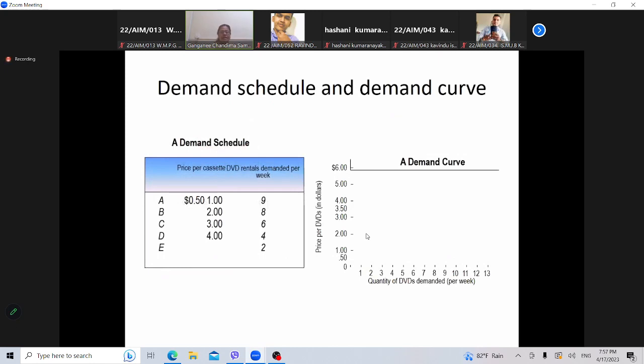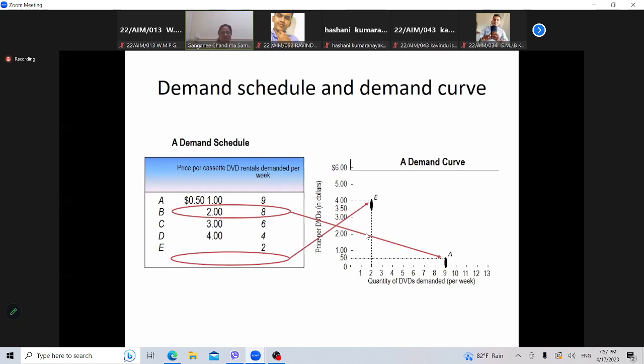So if we take the demand schedule and demand curve in one line, you can see how the demand schedule correlates with the demand curve. So we will take the points and we have to combine these points. Hope you all understood up to now.